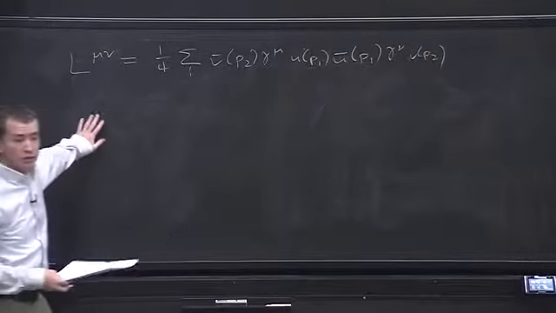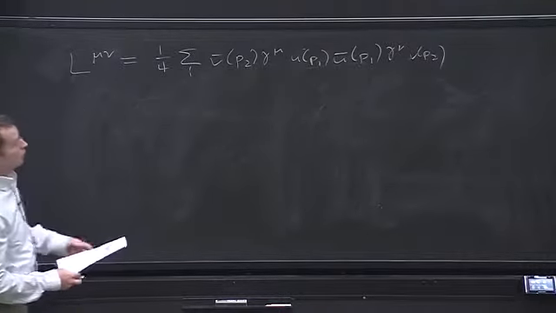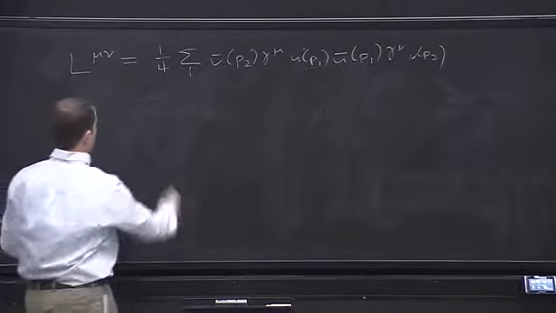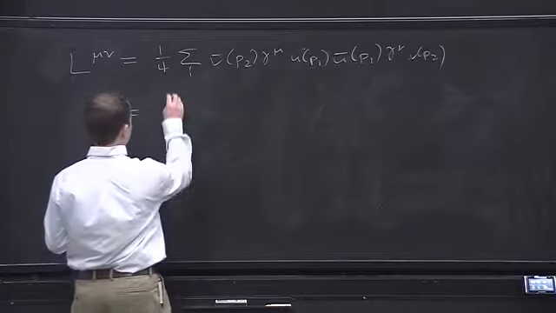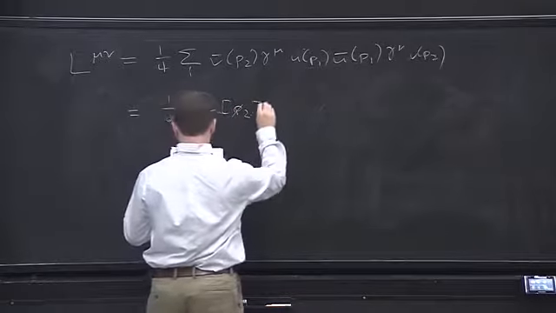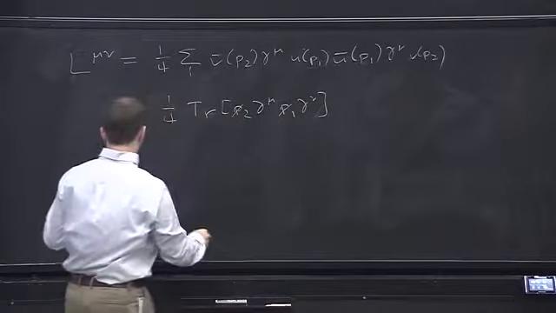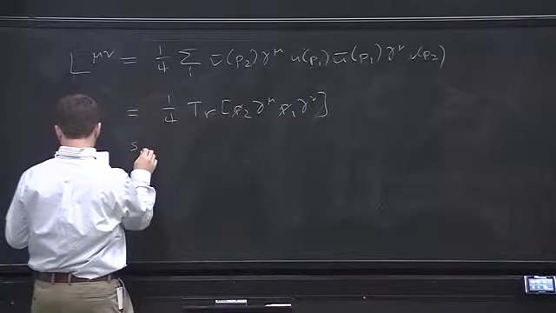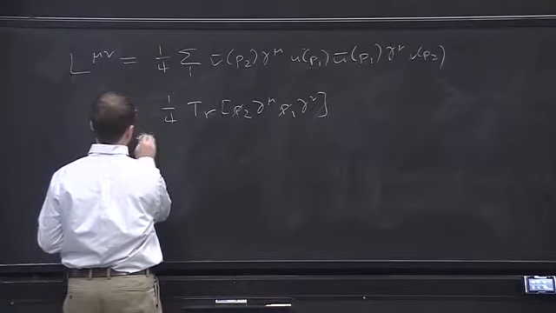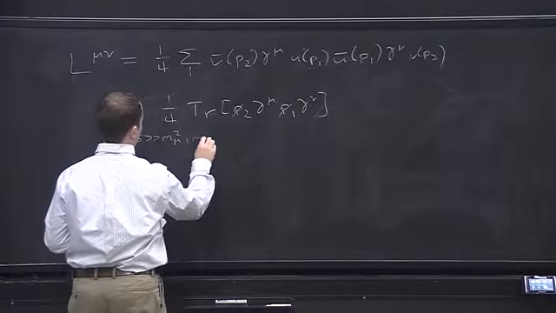And so this is simple to evaluate. You evaluated the same thing when you computed the electron, positron to muon, antimuon cross-section at tree level in QFT1. And one of the intermediate steps you did was that this becomes trace p2 slash gamma mu p1 slash gamma nu. We've thrown away the mass term, so we're assuming here again that s is much greater than mu squared, and hence much greater than me squared.